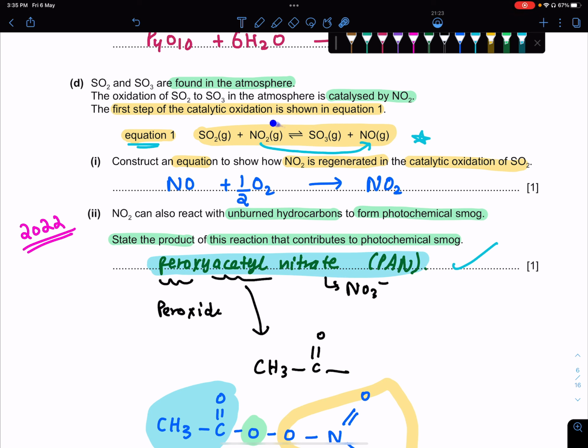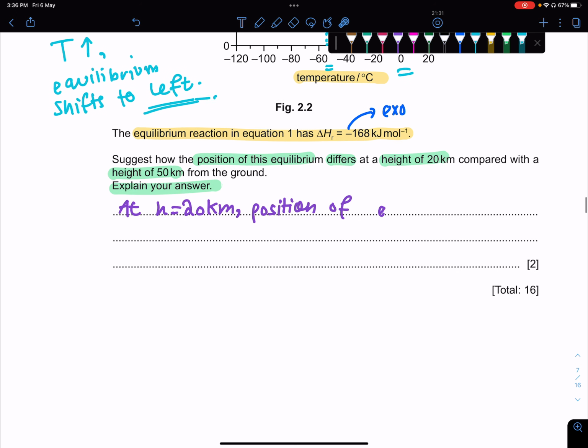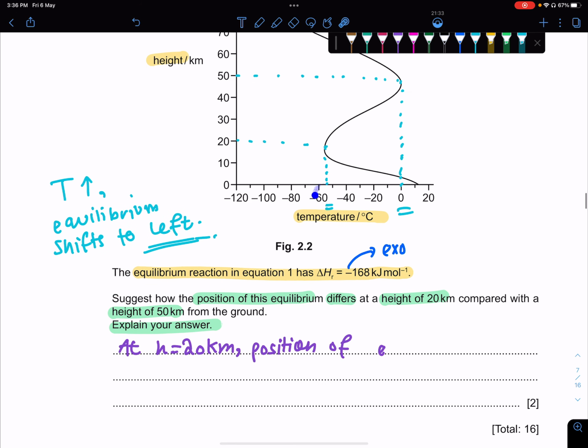So it will shift towards the endothermic side, which is the backward reaction. So increasing the temperature will shift the position of equilibrium to the left. But at 20, the temperature is very low compared to the temperature at 50, right? Minus 55 is lower than 0 degrees. So when we lower the temperature and the forward reaction is exo, the equilibrium will shift to the right.